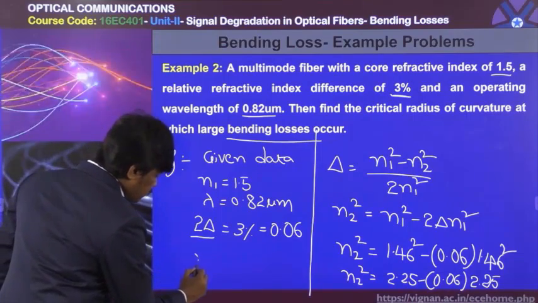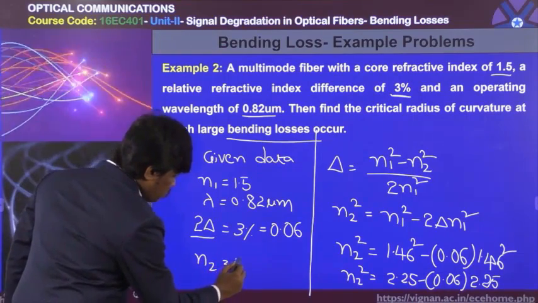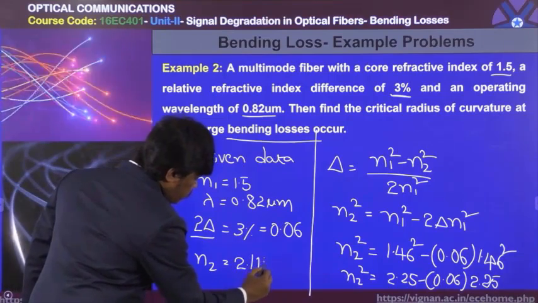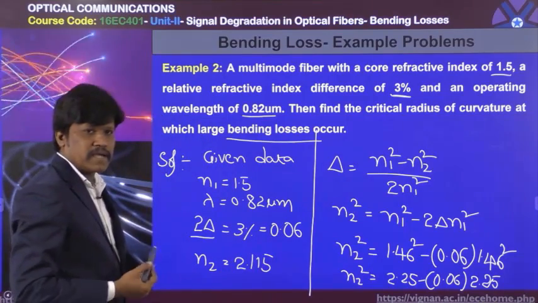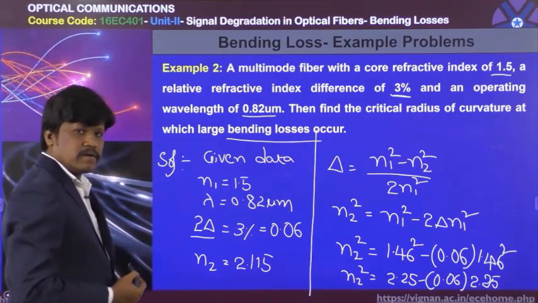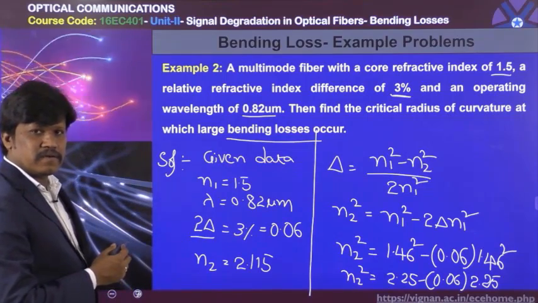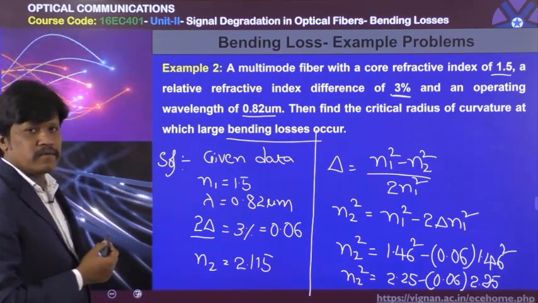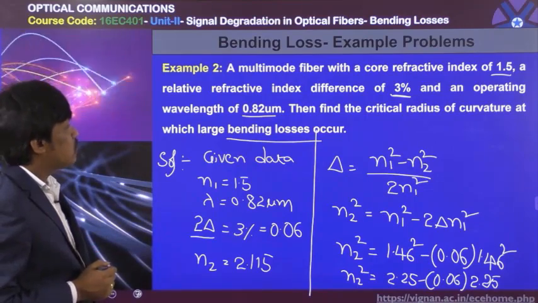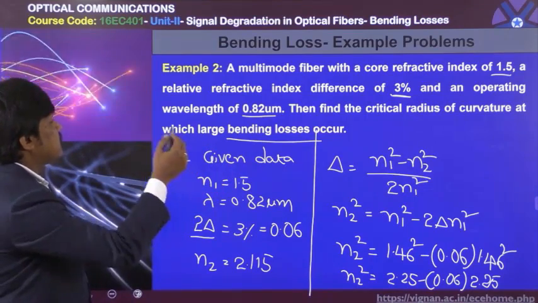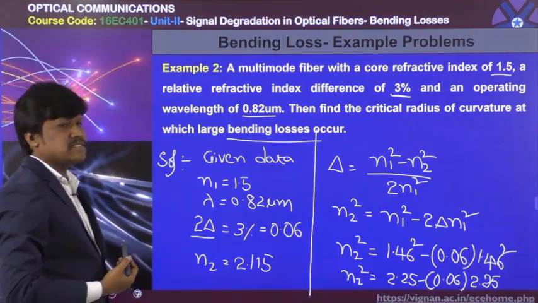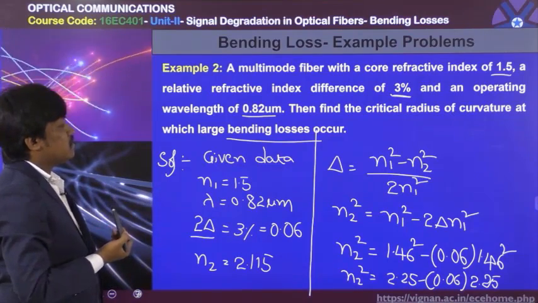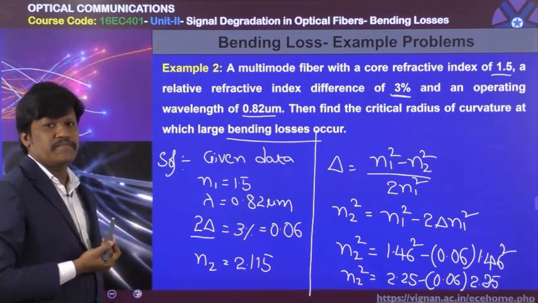After calculating, n2 is 2.115. After calculating, the cladding refractive index we got is 2.115. Now we need to find the critical radius of curvature at which large bending losses occur.